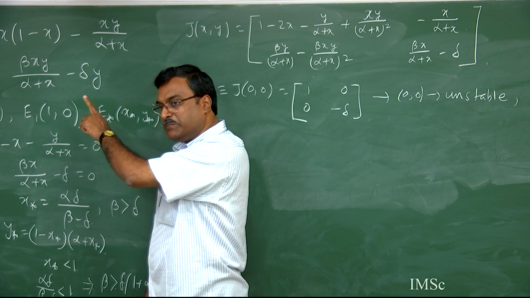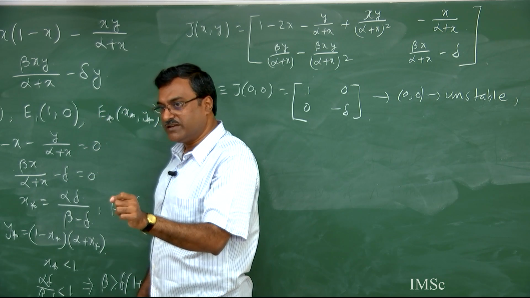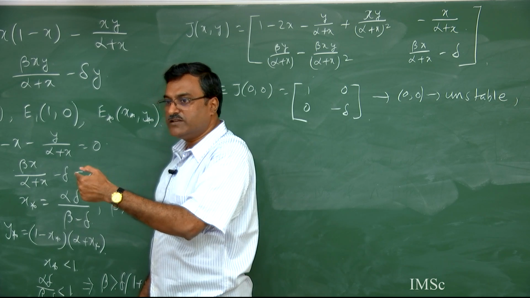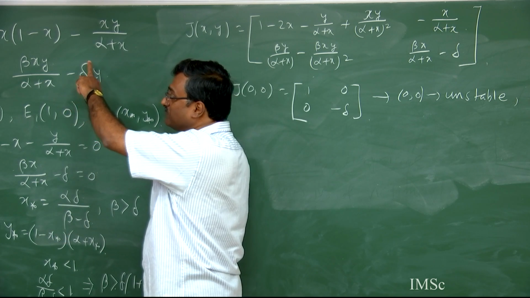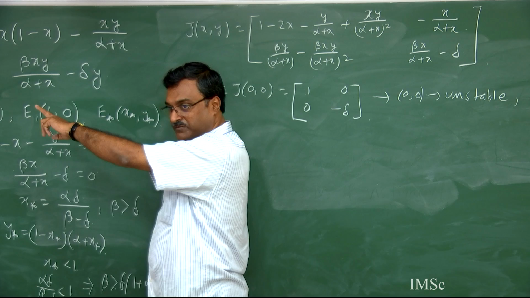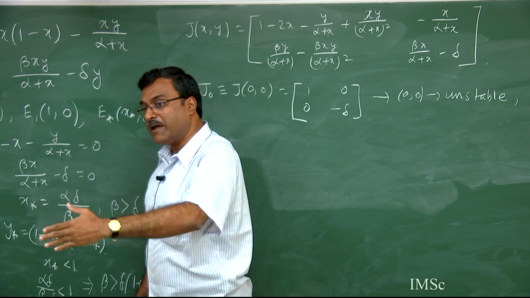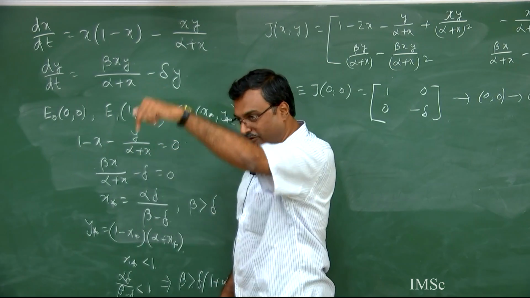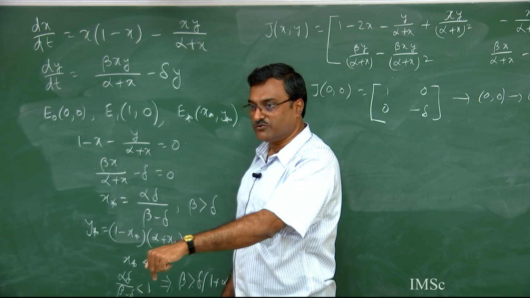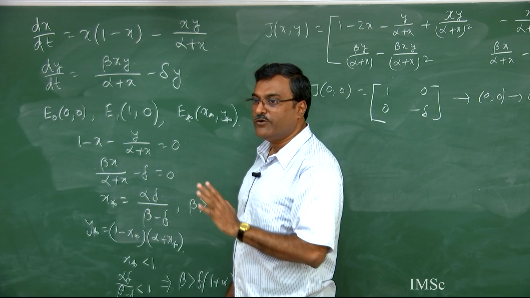So in the absence of predator, if you start from a small population density, the population will converge to its carrying capacity, and as it is a specialist prey predator model, the predator cannot survive in the absence of prey. So if you start from a point on the y axis, it will converge to (0, 0). That means the predator will go to extinction.